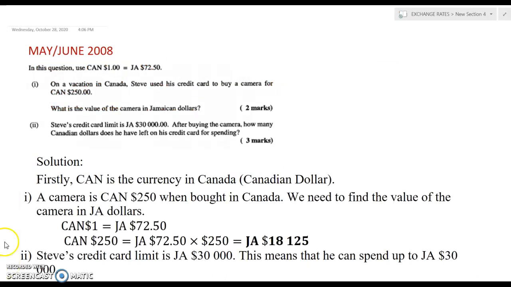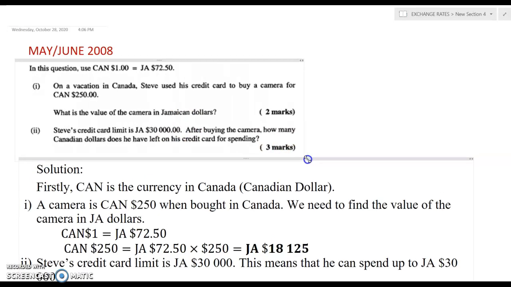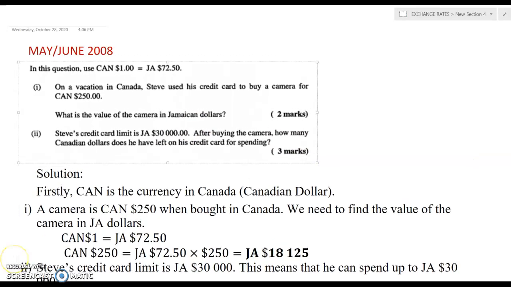So let's look at this question here, May June 2008. The question gives us the conversion rate: 1 Canadian dollar is, so JA is Jamaican, right, $72.50 Jamaican dollars. On vacation in Canada, Steve used his credit card to buy a camera for 250 Canadian dollars. What is the value of the camera in Jamaican dollars?